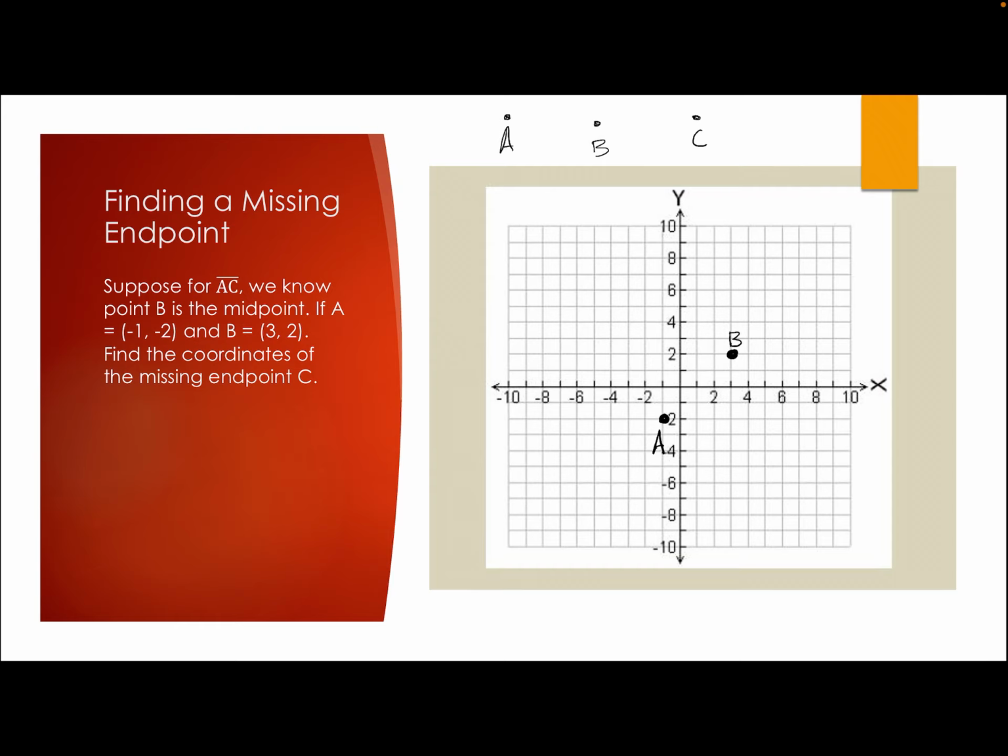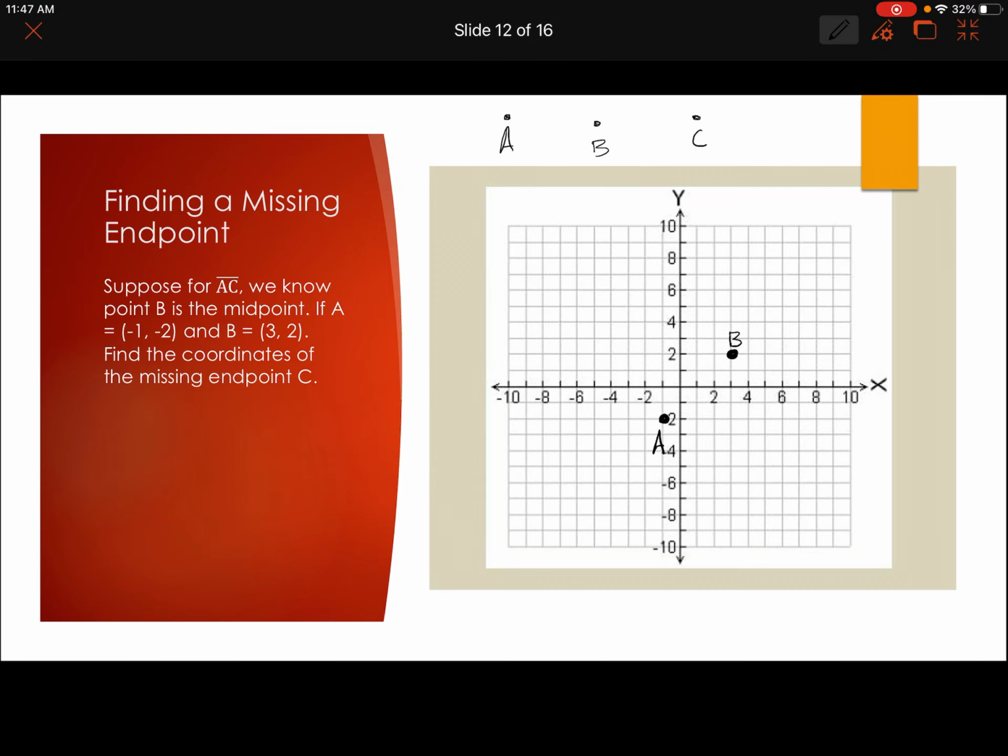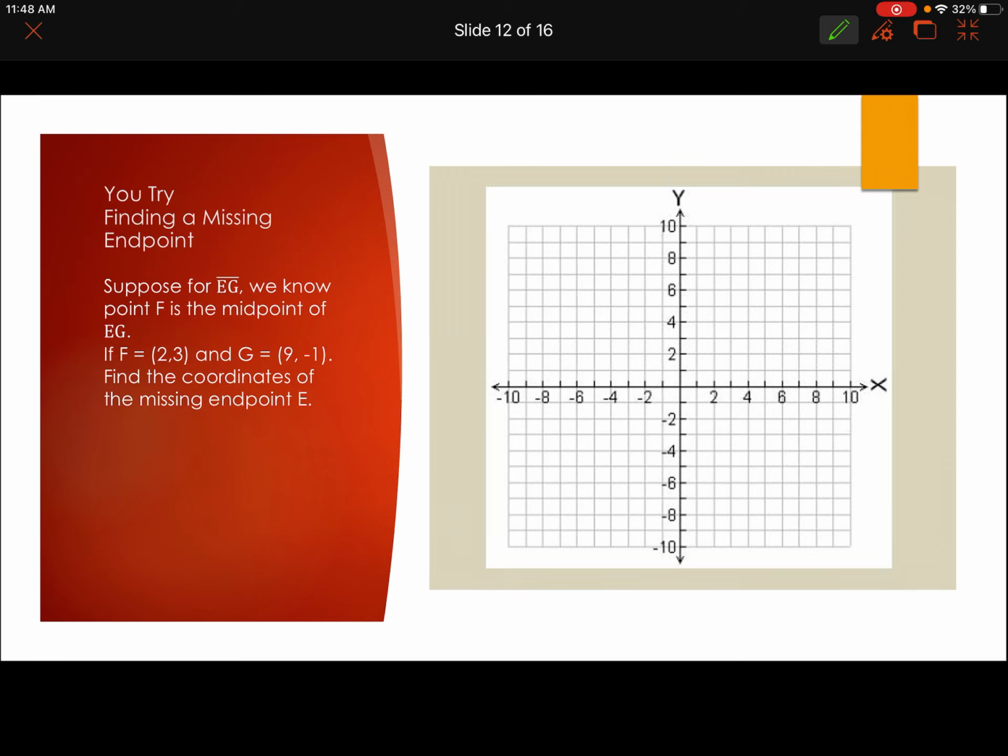One way to find the other endpoint is to use the fact that we have a graph. To get from point A to point B, you go over 1, 2, 3, 4, and you go up 1, 2, 3, 4. That means C has to be 4 more to the right and 4 up.